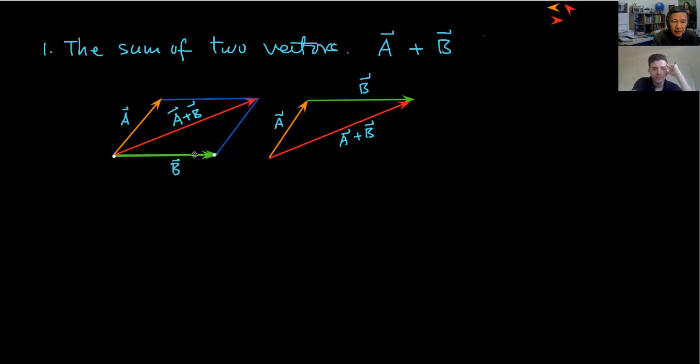If you shift it to the upper one, that allows you to work out the second method. But the more important thing is to understand that the parallelogram is the basis used to work out the sum of two vectors.